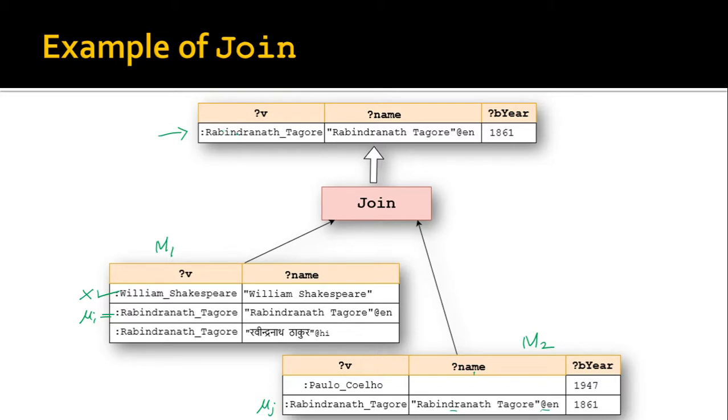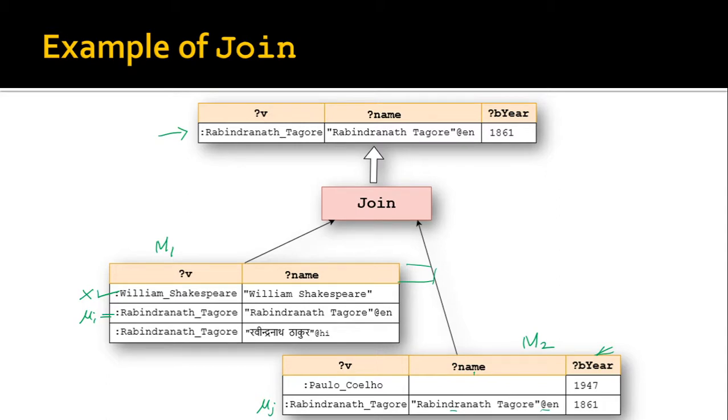In the join we are taking this V and name, and we are also taking other things that we have here. We would also have taken something which is here but not there. So it is joining based on common values of the variables appearing in both tables, but also taking into account the values of the columns which are not present in either of these tables. So this is the result of the join.